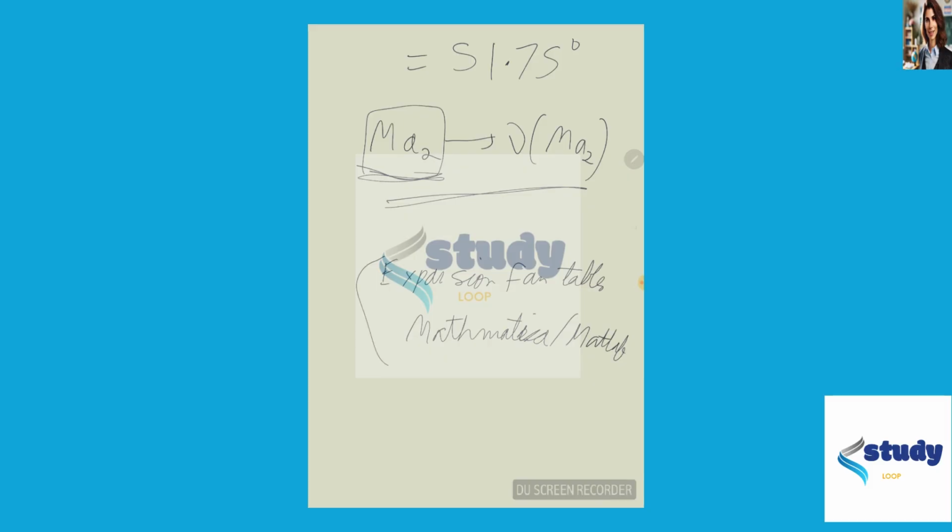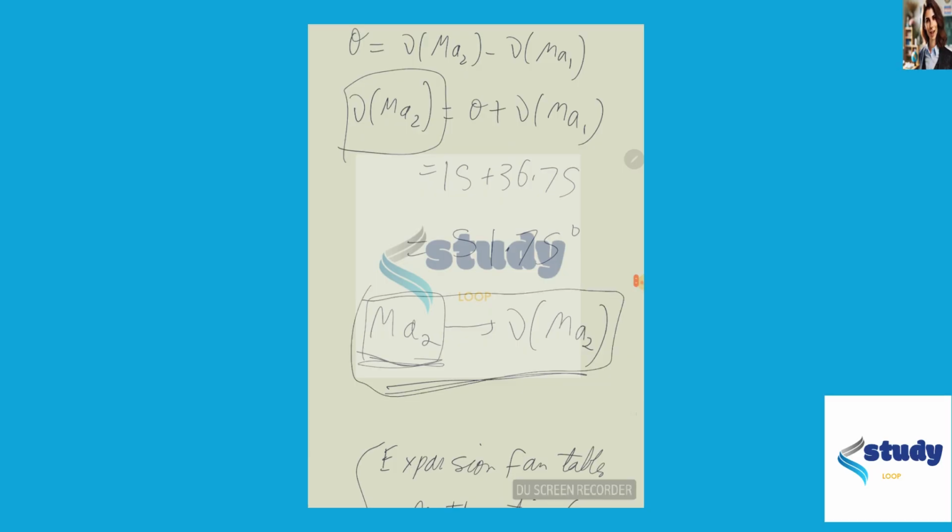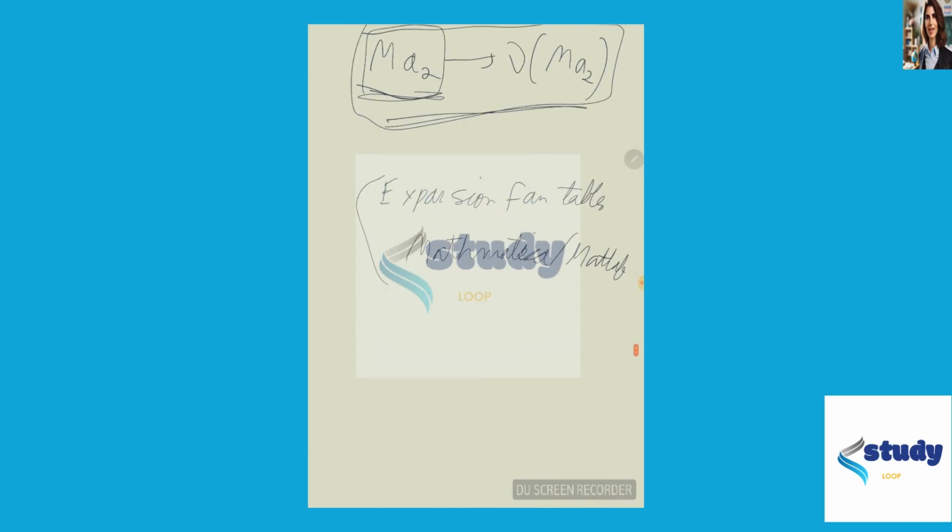Either way, for finding Mach 2 from nu of Mach 2, you find the value to be equal to 3.1.